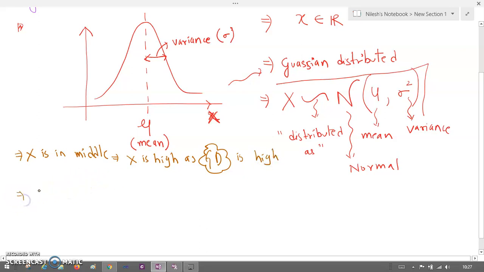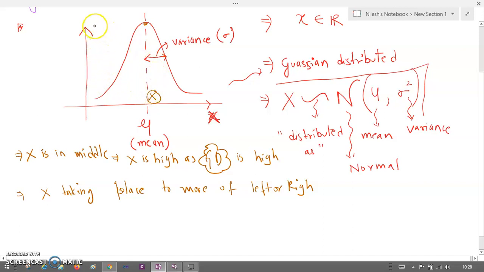And if x is taking place more to the left or right, that is, if x moves away from this central location, then, right now this x is here, and if it is in the middle, then you can say the mean is very high, and the point where x belongs right now is very high.